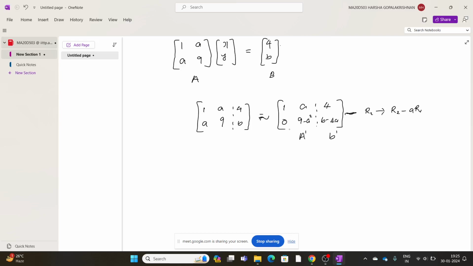Now, if the number of non-zero rows is equal to the number of unknowns, in that case, what do we have? Unique solution.